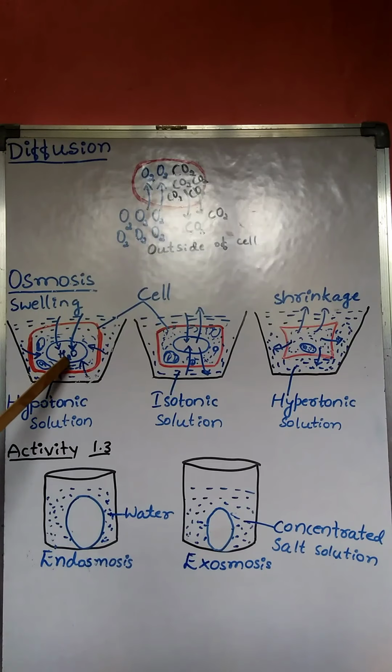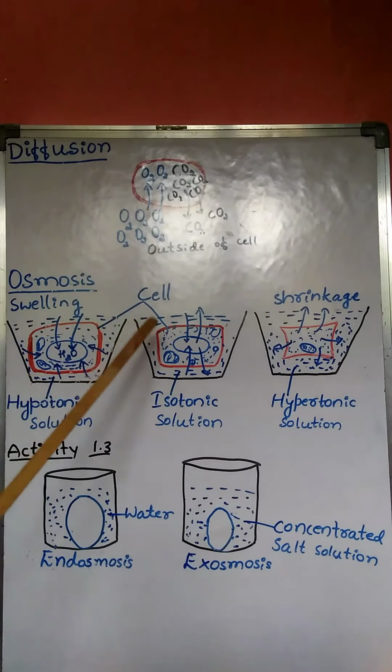So the net flow of water molecules takes place into the cell. This is called endosmosis. Due to endosmosis, here we can observe swelling of the cell. We can observe swelling.